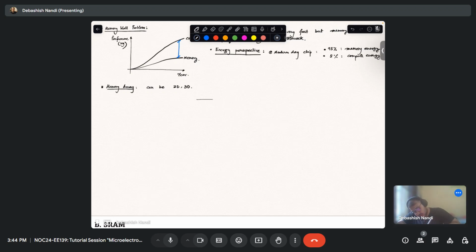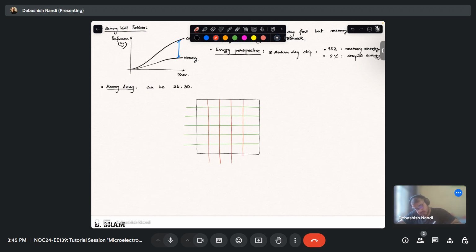Okay, so basically, let's say you have multiple address lines, and let's say you have this column decoder, and it decodes to k bits, or let's say k equals 8, so you'll give a byte, right?